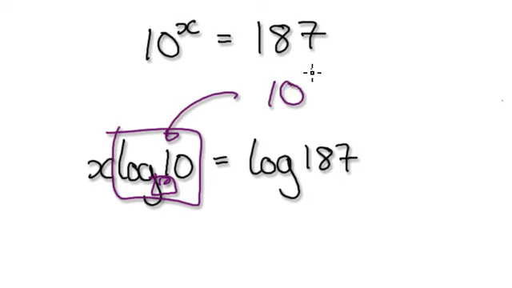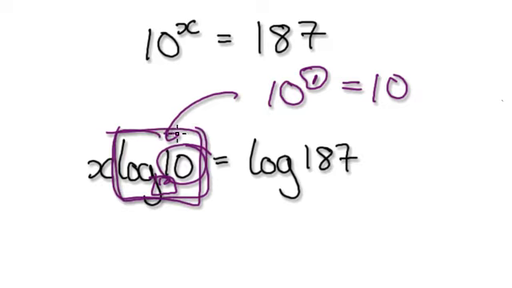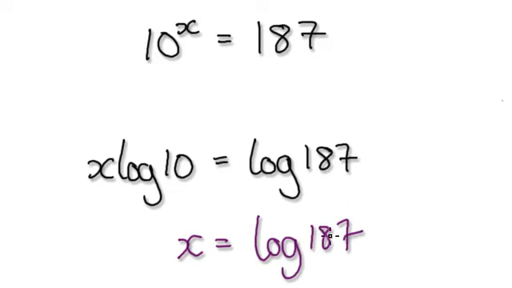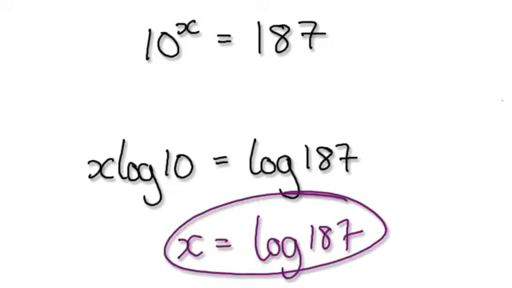The base is 10. 10 to the power of what will give me 10, and the answer here is 1. So the whole thing here is just 1. So this then becomes x equals log 187. So this is your answer.